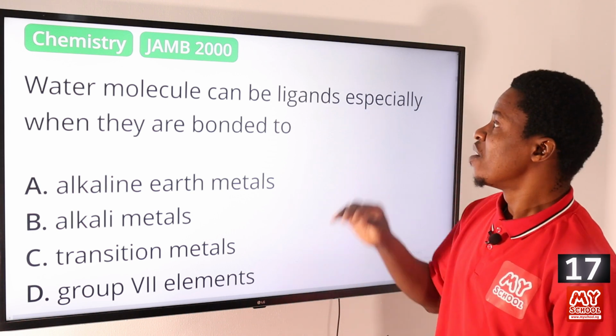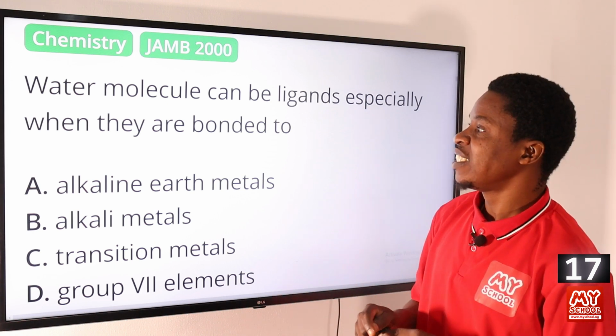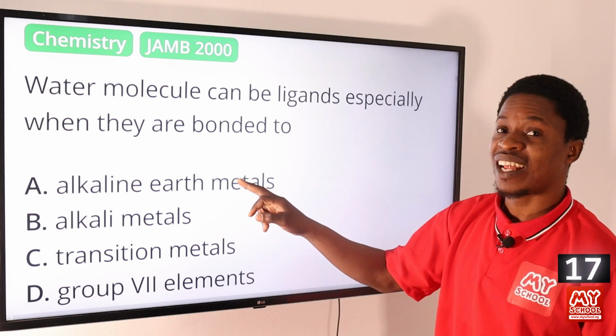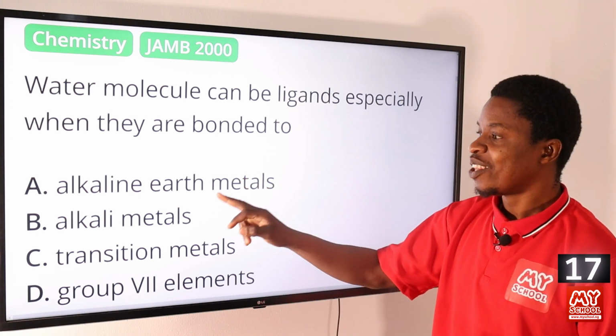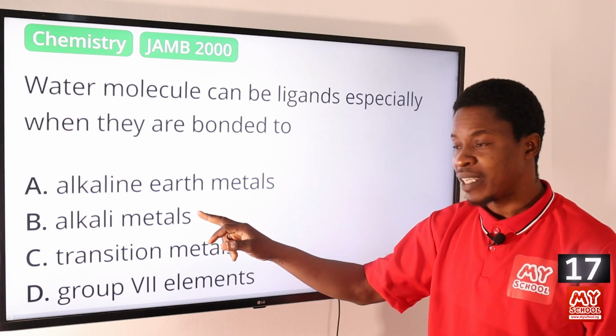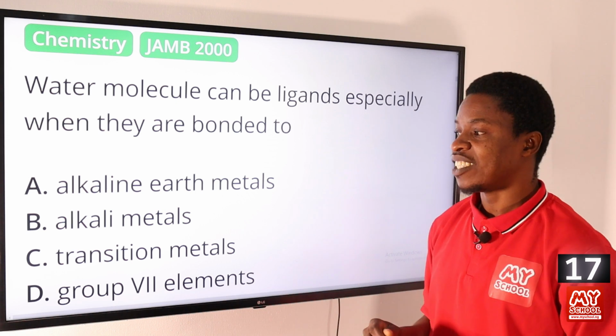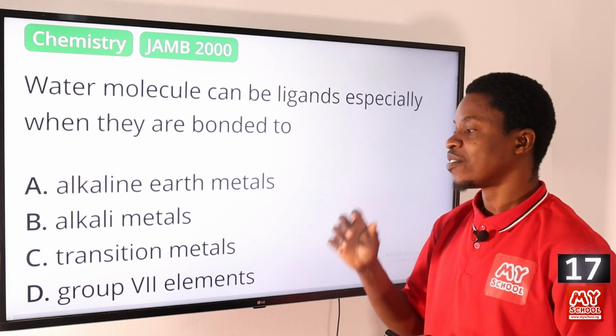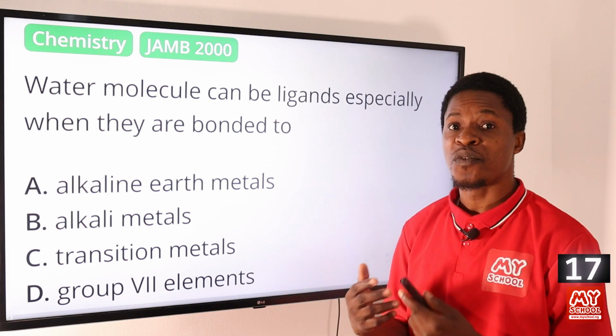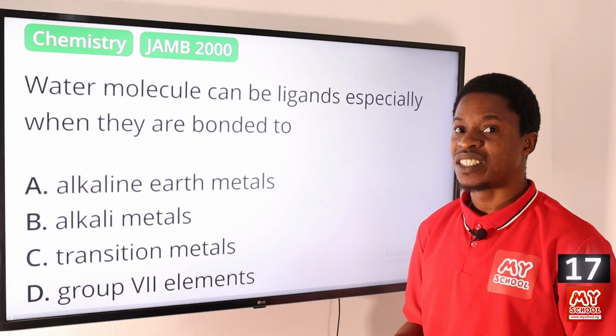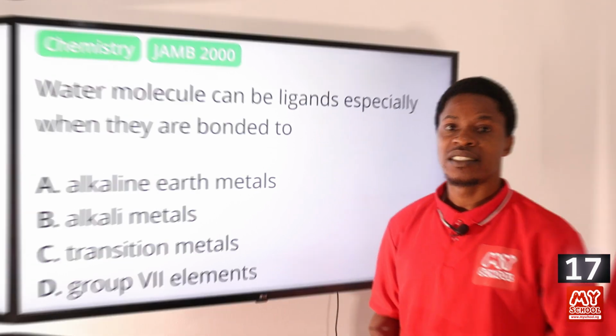So water molecules can be ligands, especially when they are bonded to not alkaline earth metals, that's group 2 elements, not alkali metals, that's group 1 elements, but transition metals. So the correct answer is option C, transition metals, because they have a tendency to form complex ions with the ligands.